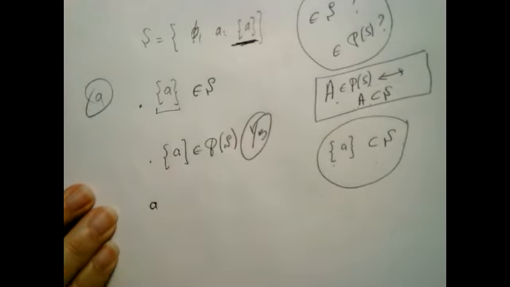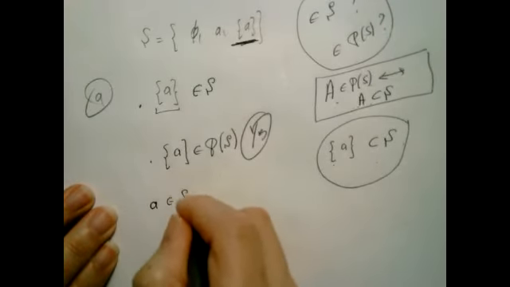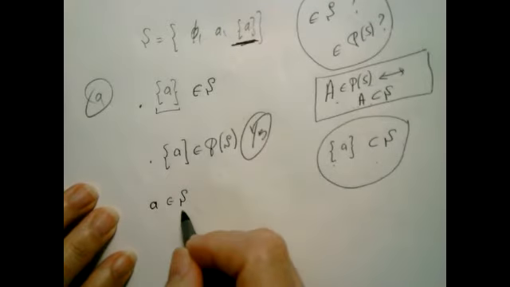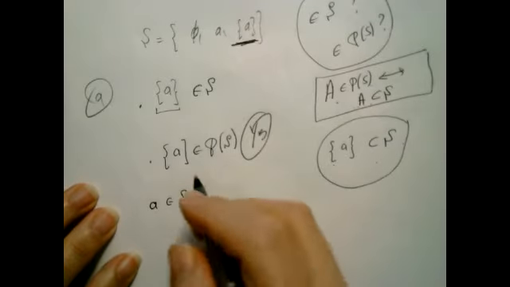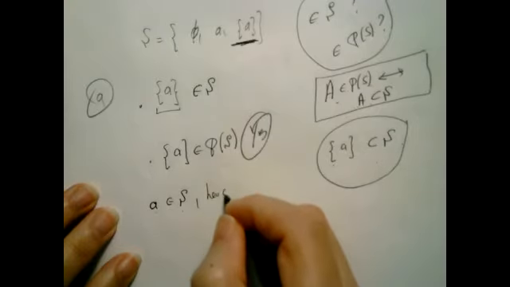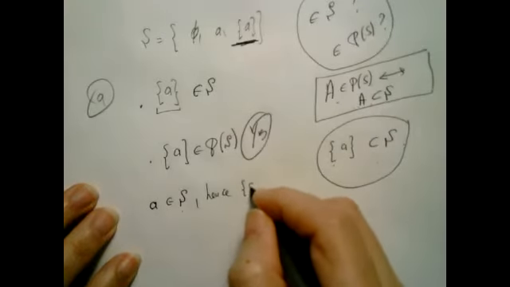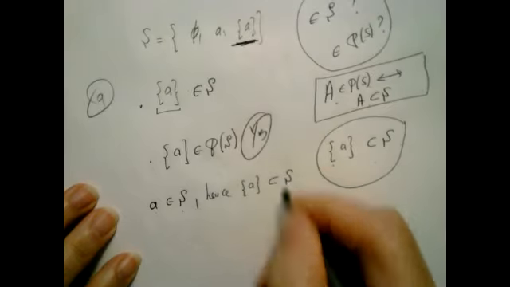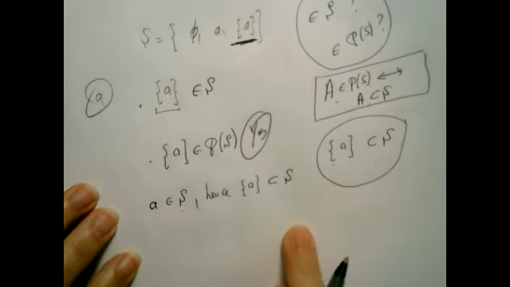A is an element of S. True or false? Is A an element of S? True. Hence, the set that consists of the element A is a subset of S. Is this logical?